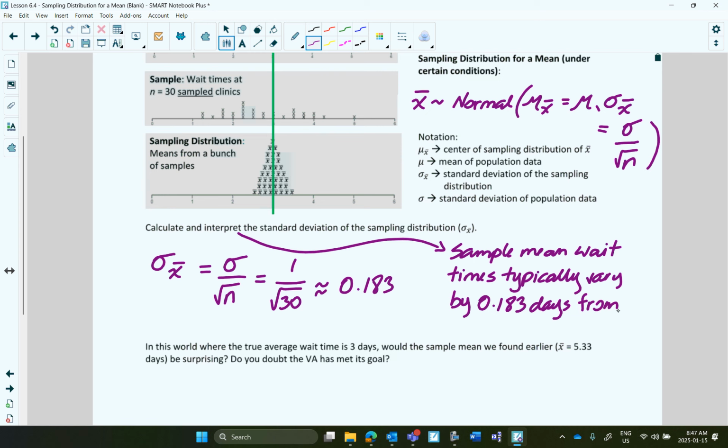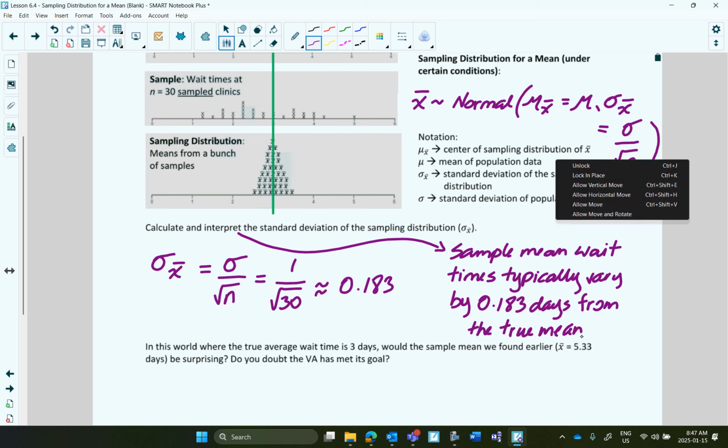You don't have to say 3, you can just say from the true mean. And remember, this is going to be 3. So we've got, this is 3. We've got this as 0.183.